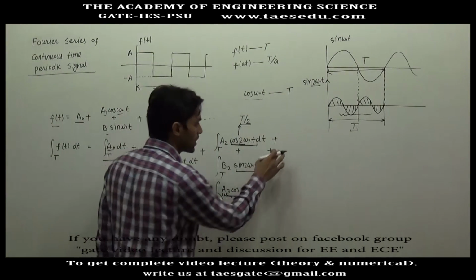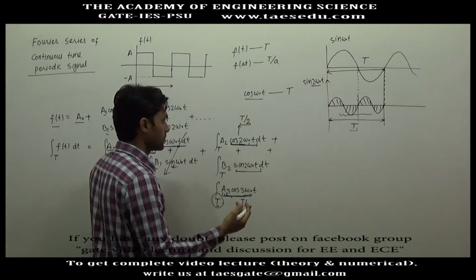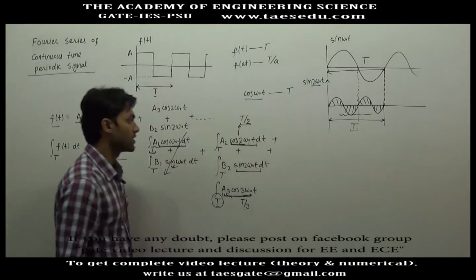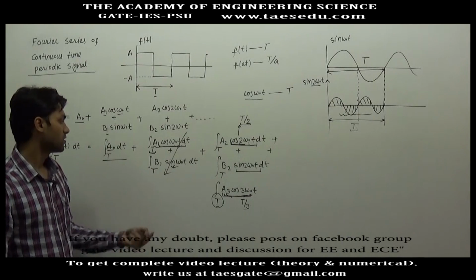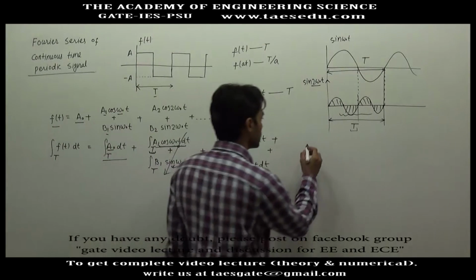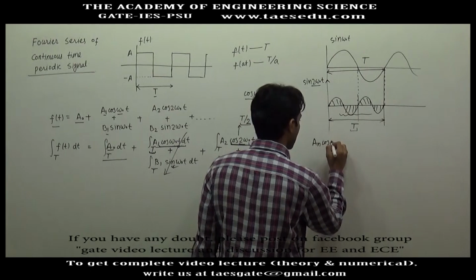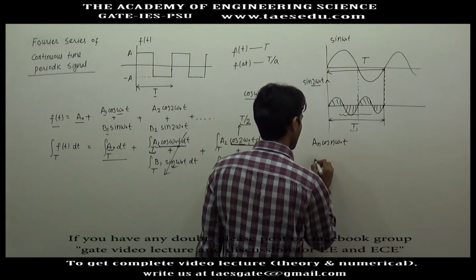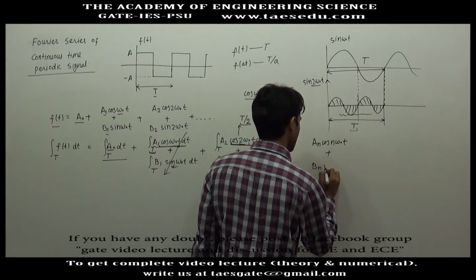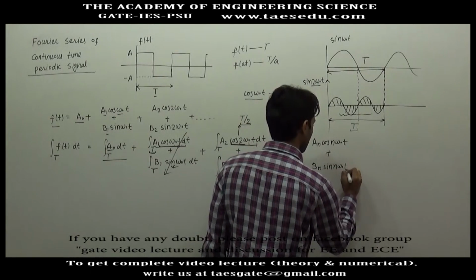So now you would have got the idea. The integration of any higher term will be 0 if you integrate for a duration of T. Let's say we have an cos n omega naught t plus bn sin n omega naught t.